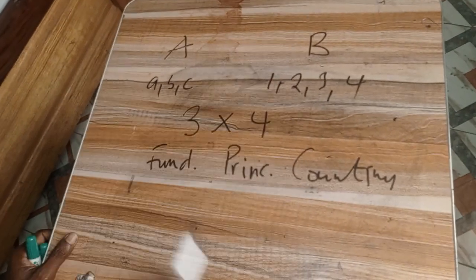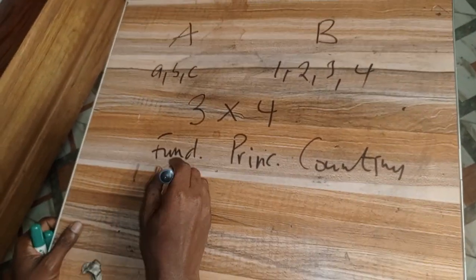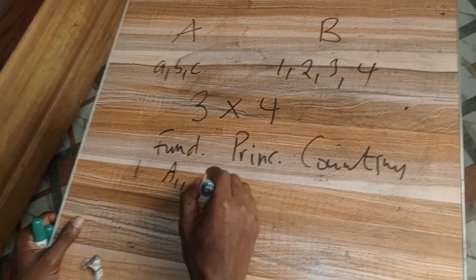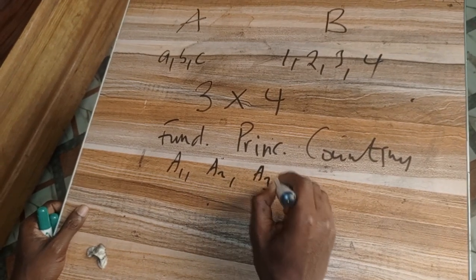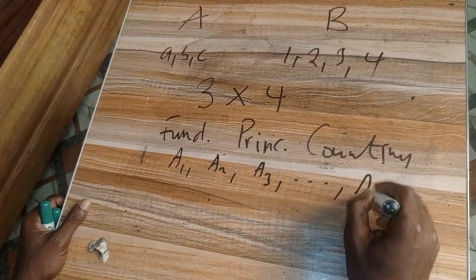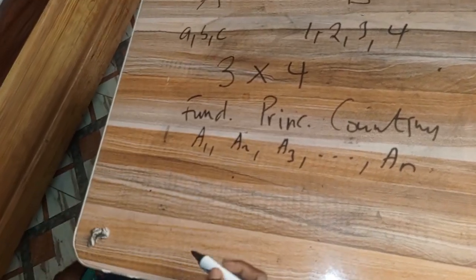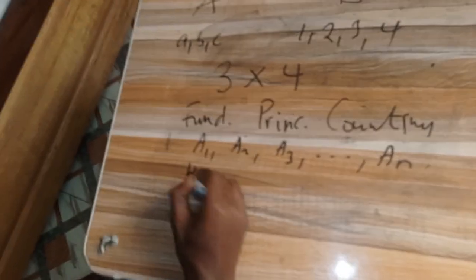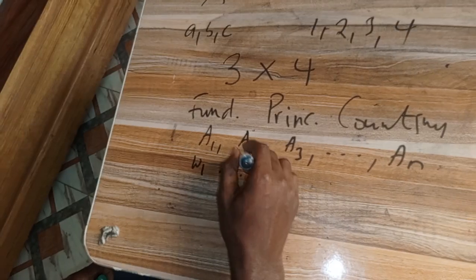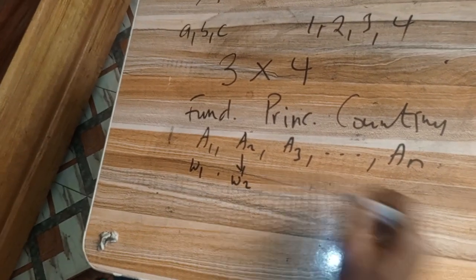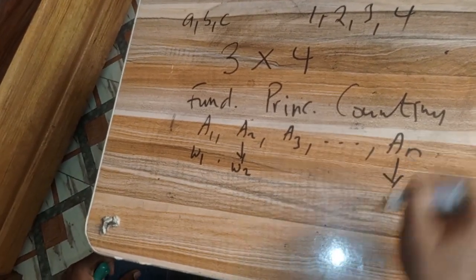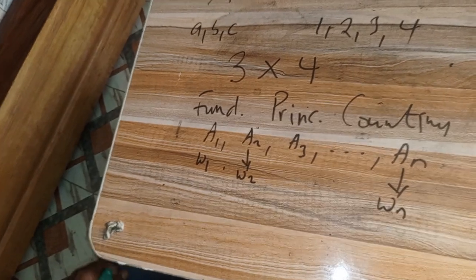The fundamental principle generally says that you have activities A1, A2, A3, and so on up to AN to perform. And then activity 1 can be performed in W1 ways, activity 2 in W2 ways, and so forth. You can perform the last activity in WN ways.